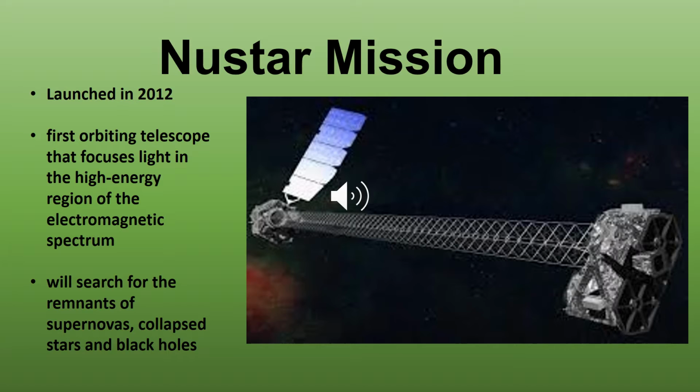The New Star mission is the future of examining supernovas. It was launched in 2012. It is the first orbiting telescope that focuses light in the high-energy region of the electromagnetic spectrum, and it will search for the remnants of supernovas, collapsed stars, and black holes.